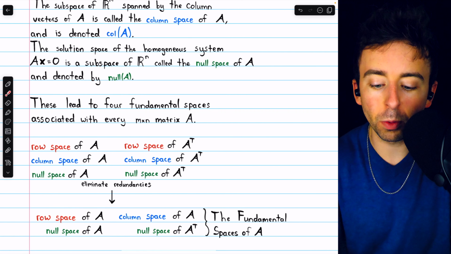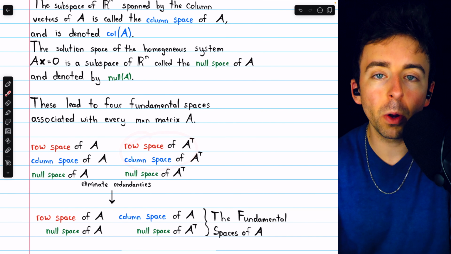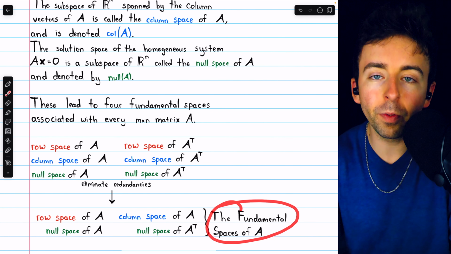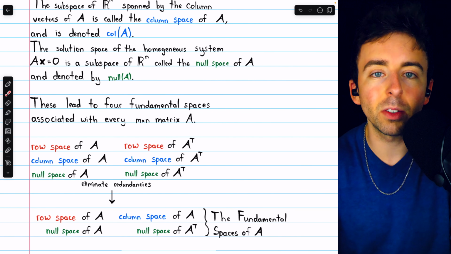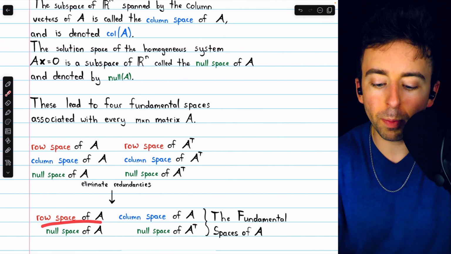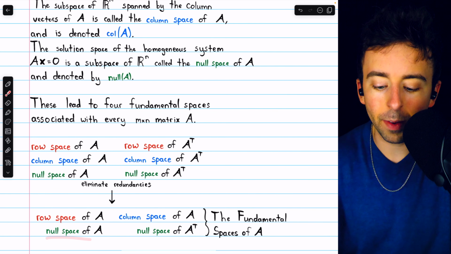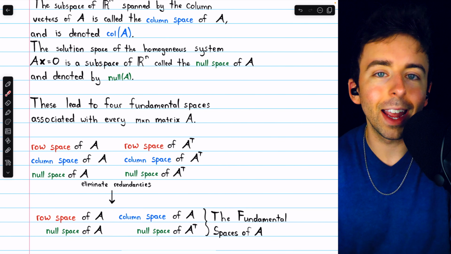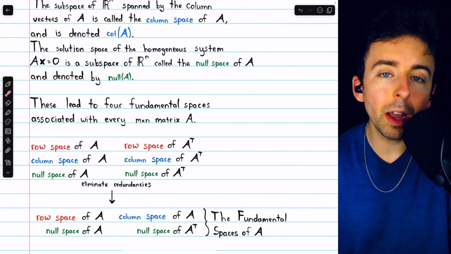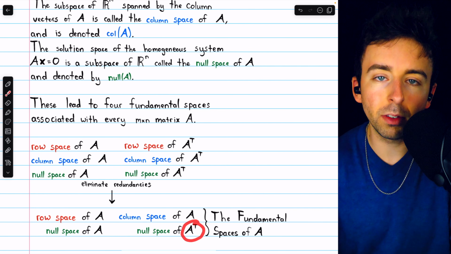So eliminating those redundancies involving the transpose, we arrive at the four fundamental spaces associated with the matrix A: the row space of A, the column space of A, the null space of A, and the null space of A transpose.